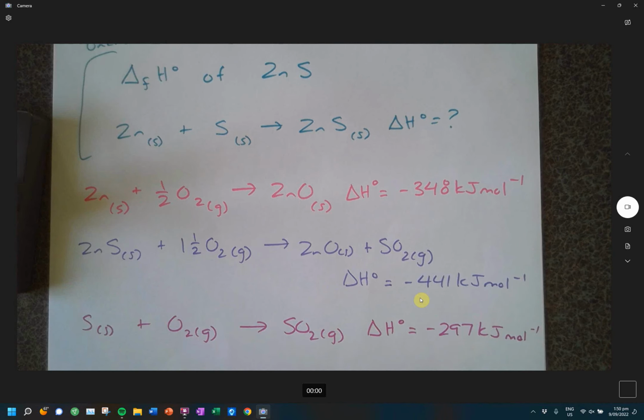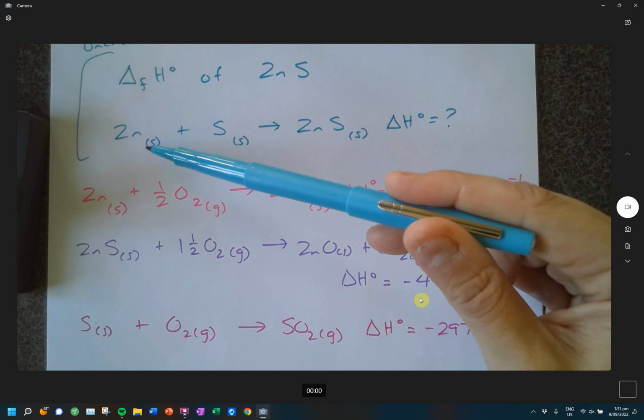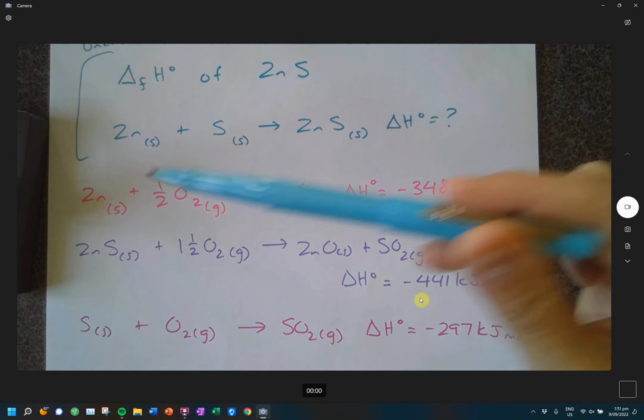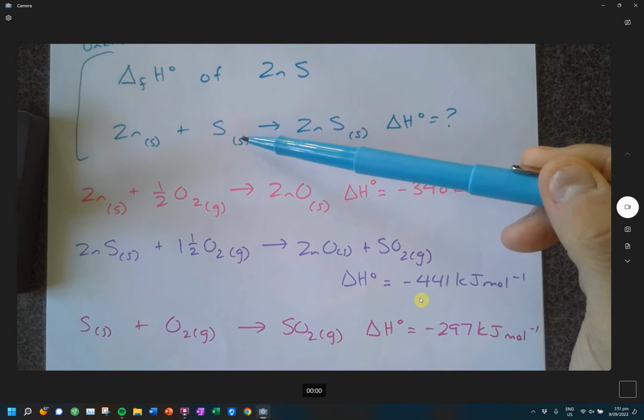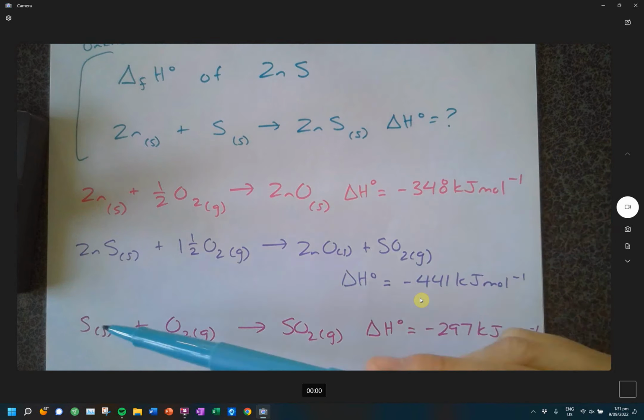I see zinc here, I see zinc here. In this case, I see sulfur here, I see sulfur coming up here, I also see sulfur coming up here. And then the last one I see is zinc sulfide, which I see here. I can also see that I have zinc oxide multiple times.